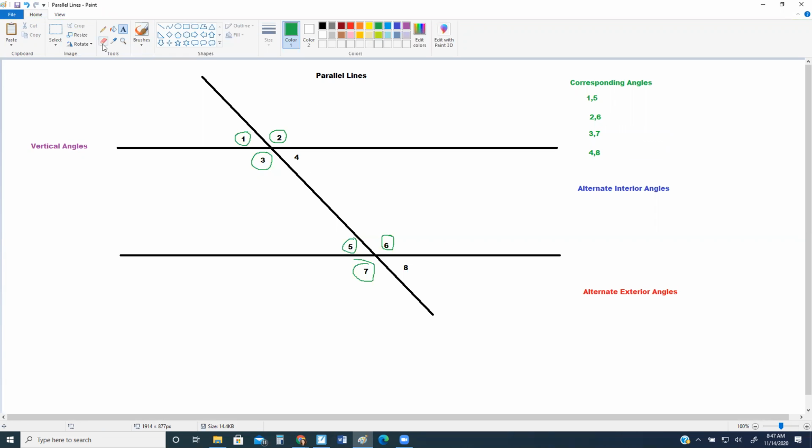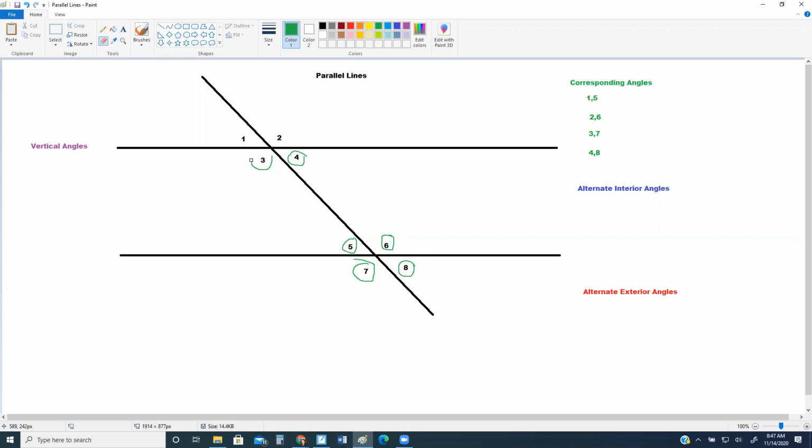You can see that 4 goes down and it would be in the same position as 8. So all these green ones are the corresponding angles. I'm going to erase them because we're going to do the next color, the next set of angles.